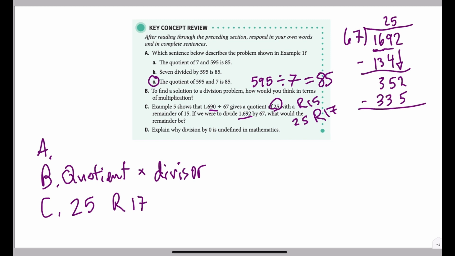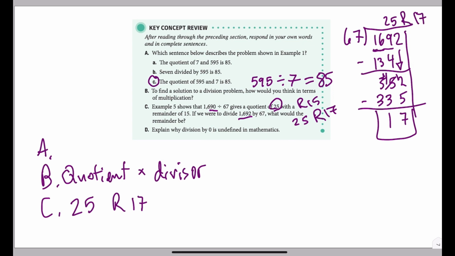Take it away to see what's left. We have to borrow here. That's a 4. That'll be 12. 12 take away 5 is 7. 4 minus 3 is 1. And then the 3's are left. So there it is. There's your 25. That's how we got the quotient of 25. And the trouble is, the remainder's not 0, and I'm done bringing things down. So that means that's my remainder, 17.